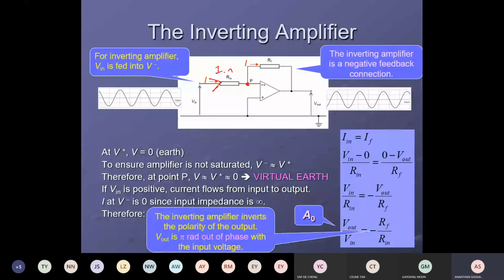No, 0. No current flows into the op-amp. Why? The impedance is infinite. So according to Kirchhoff's first law, whatever current flows into the junction is the same as the current leaving the junction. Because no current flows into the op-amp, whatever current flows into Rin is the same as the current going to RF. That's why Iin is the same as IF based on Kirchhoff's first law.